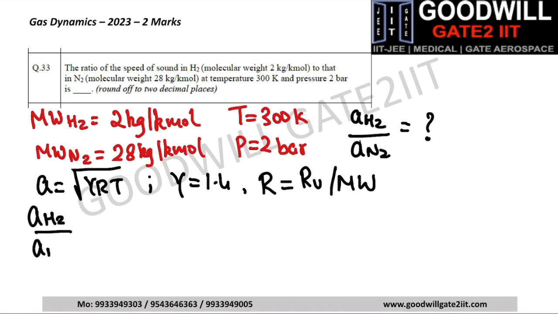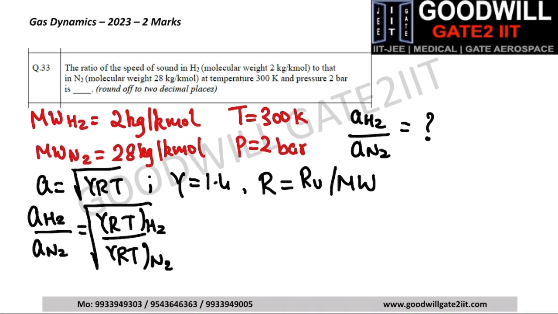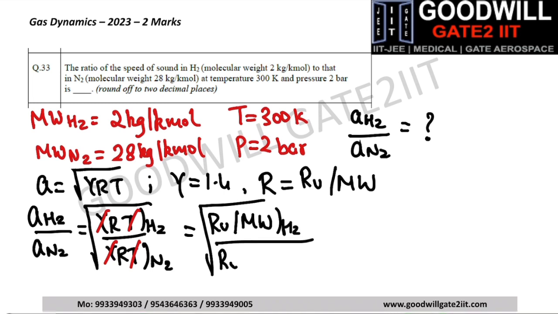A H2 by A N2 would be equal to under root of gamma RT divided by gamma RT, for hydrogen and then for nitrogen. So now we can readily cancel out gamma from both numerator and denominator along with the temperature. Now we can write R as the universal gas constant divided by the molecular weight for hydrogen and do the same for nitrogen.